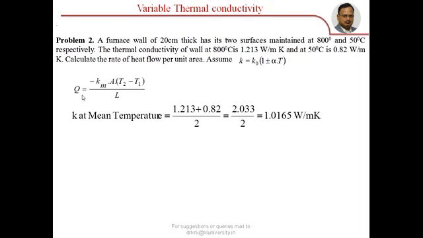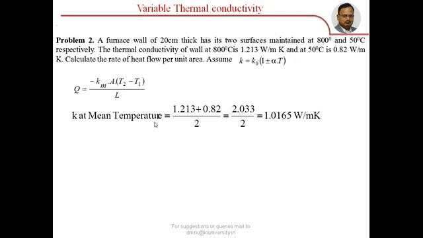That's all. So the formula is Q equal to minus K mean A (T2 minus T1) by L. See here, the thermal conductivity is given at 800 and at 50 degrees. So we want to find the mean thermal conductivity, at (T1 plus T2) by 2, which is nothing but (K1 plus K2) by 2.